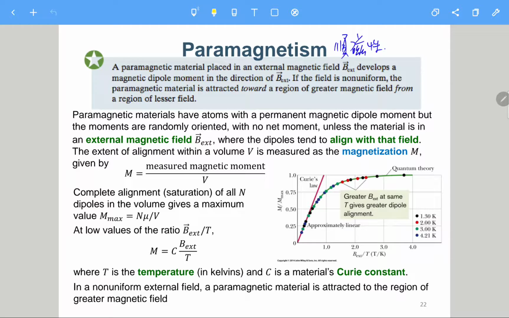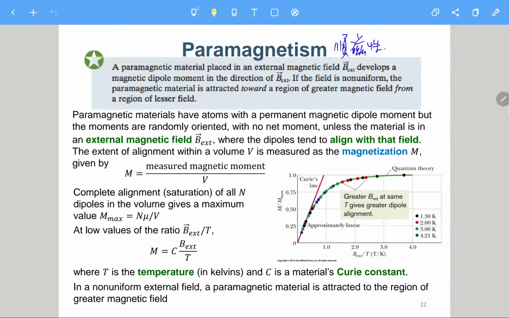There is no electric field generated by that. But as long as there is some external E field, which means that if you place the dielectric inside the electric field, then inside the dielectric all the dipole moments will be aligned, and then will generate some E field, counteracting some of the external E field.